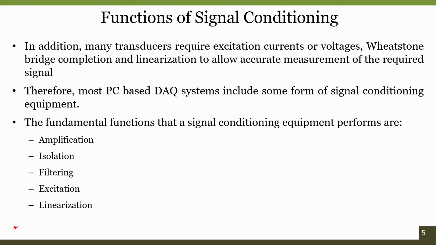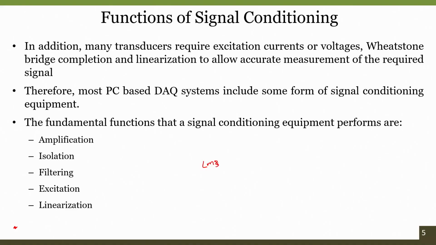Now for example, imagine we have a sensor which gives an output in terms of a resistance change. For example, as we have already discussed, one such example is a temperature sensor. LM35 is a semiconductor based temperature sensor, where it will directly give an output in terms of voltage.